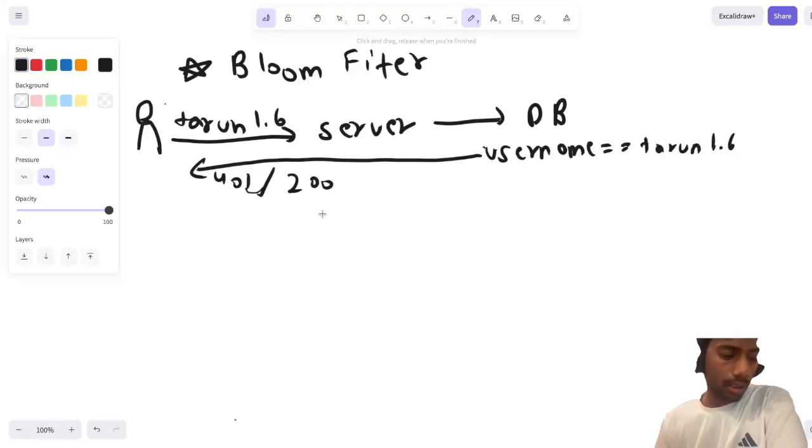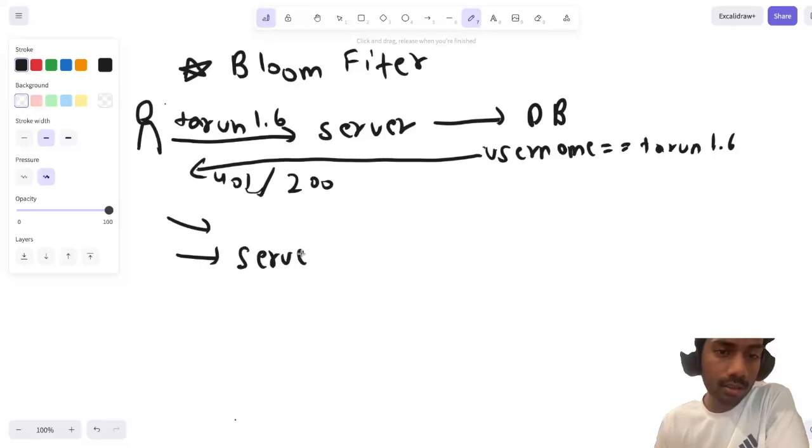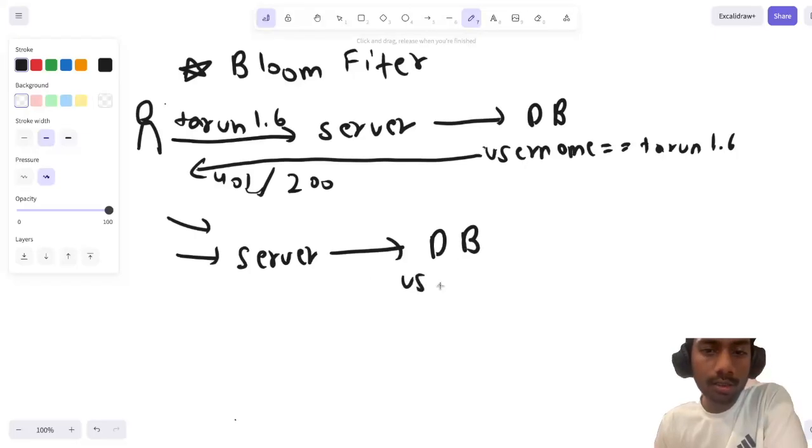Right, now if you try to look at this query in a bigger picture and analyze what happened here, you will see that for each query the user does, the server or the instances of server will go to the database and keep asking, is this username available?